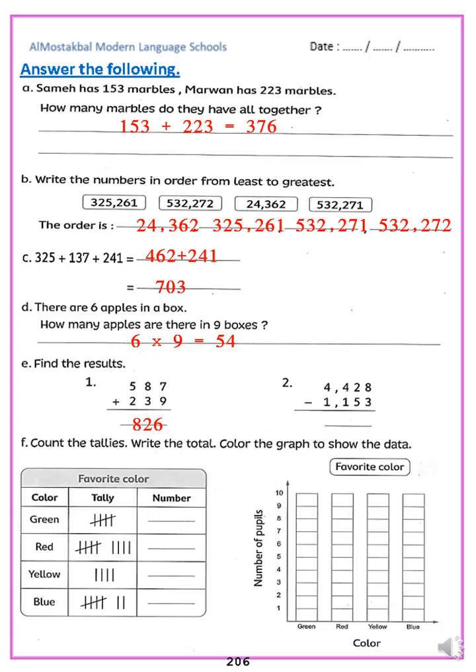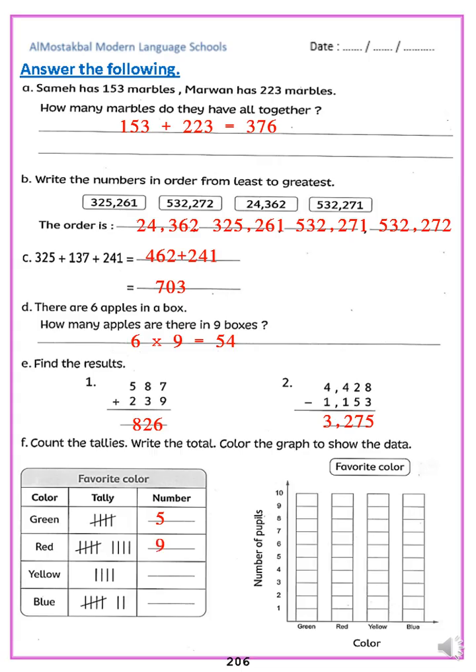Okay, 3 minus 1 equals 2. 4 minus 1 equals 3. So the answer is 3,275.